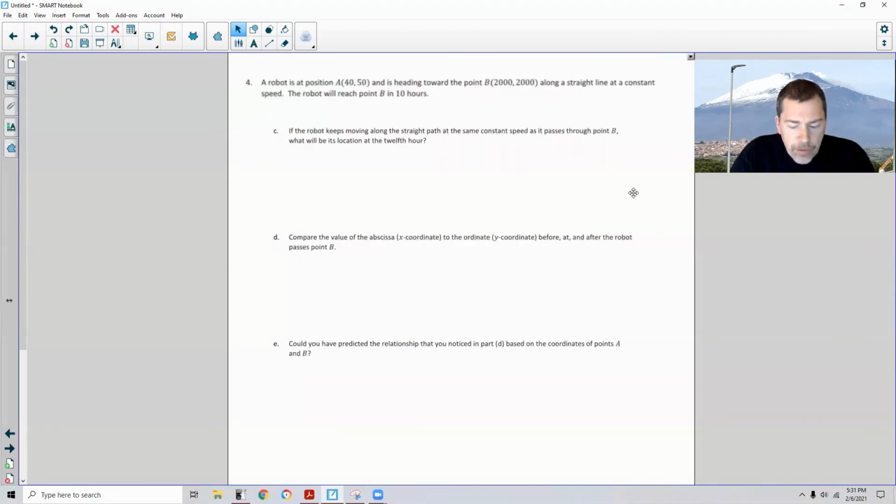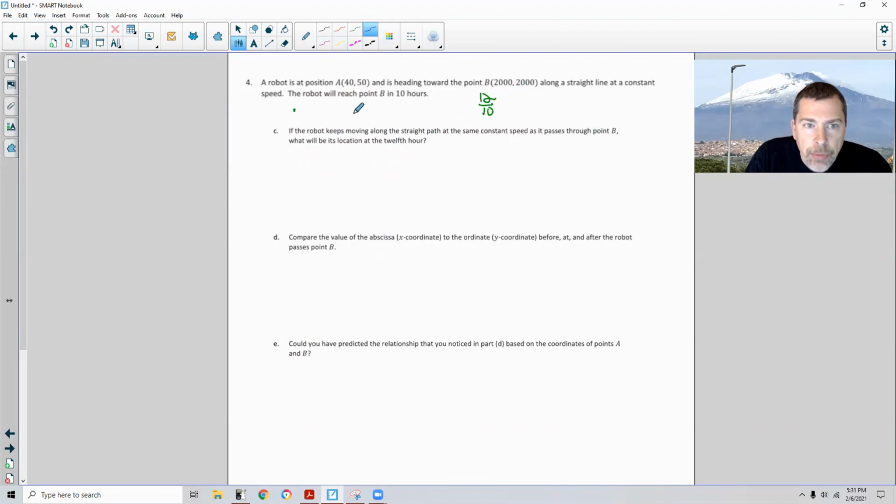Okay, we're still talking about this robot on page 3, part C. Now it says if the robot keeps moving along the straight path at the same constant speed as it passes through point B, this 2000, what will be its location at the 12th hour? So that would change our ratio now to 12/10.